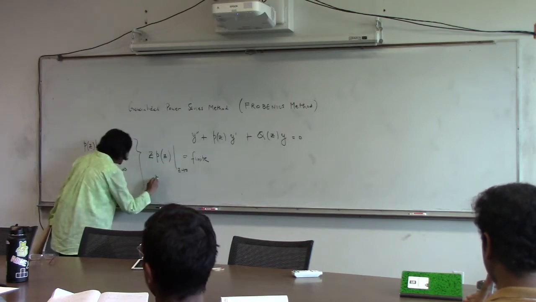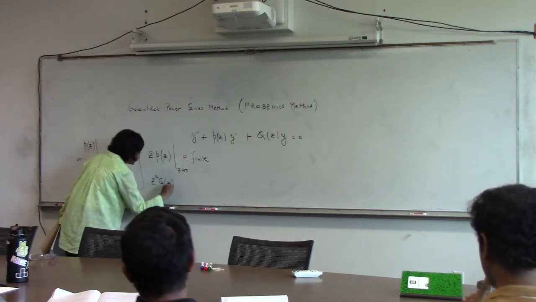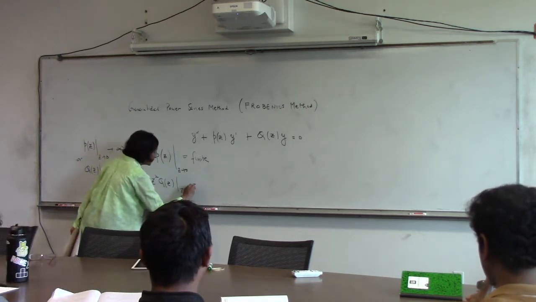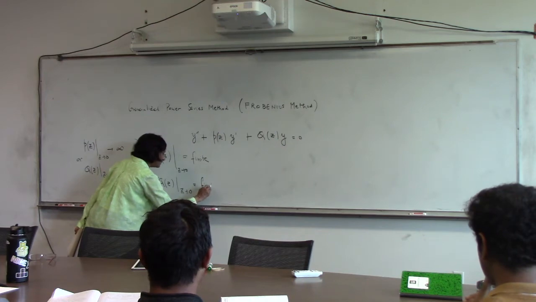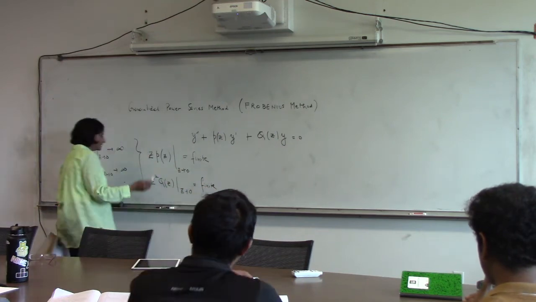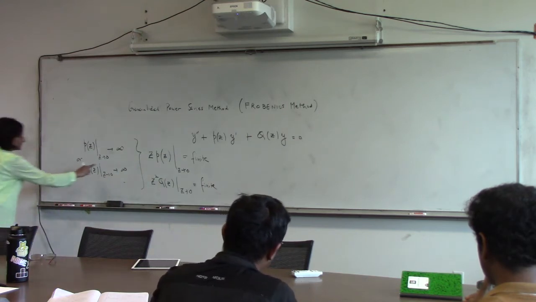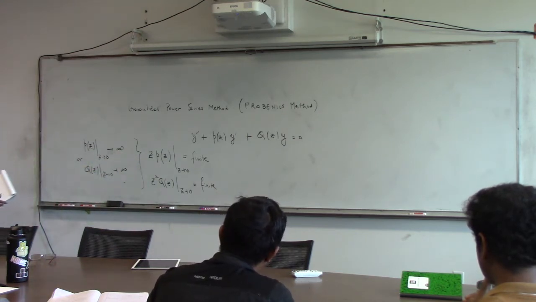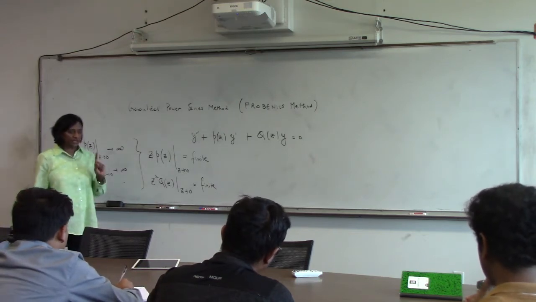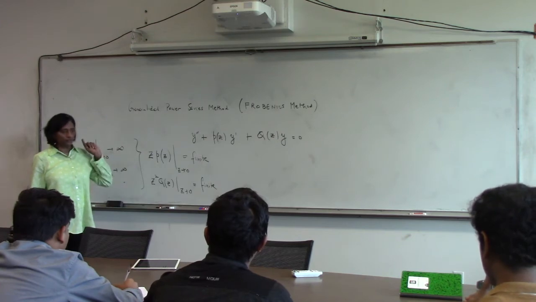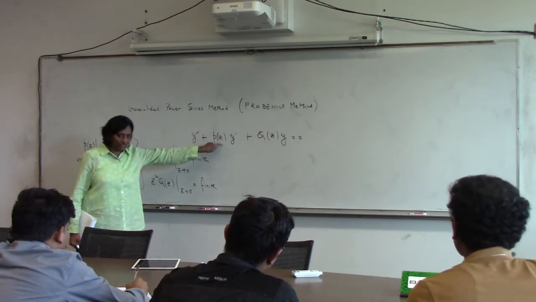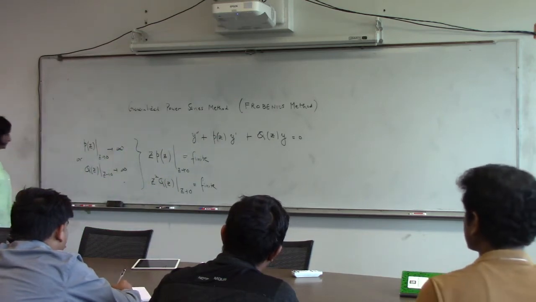Similarly, z squared times Q of z, as z tends to 0, or z tends to z naught, wherever your point of expansion is, is finite. This is the point of expansion of this power series. If that is finite, then we can give a generalized power series solution. The independent variable here is z, in d squared y over dz squared, because P is a function of z. So remember that.